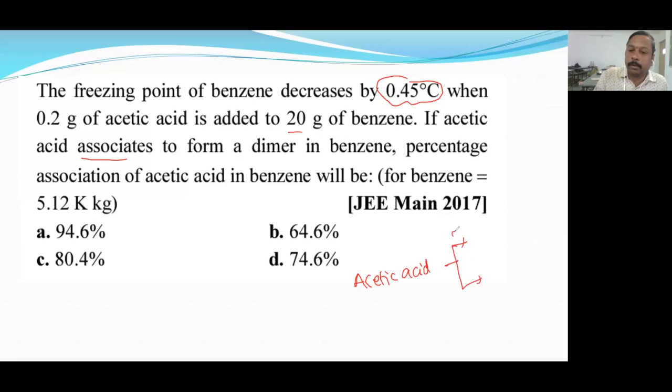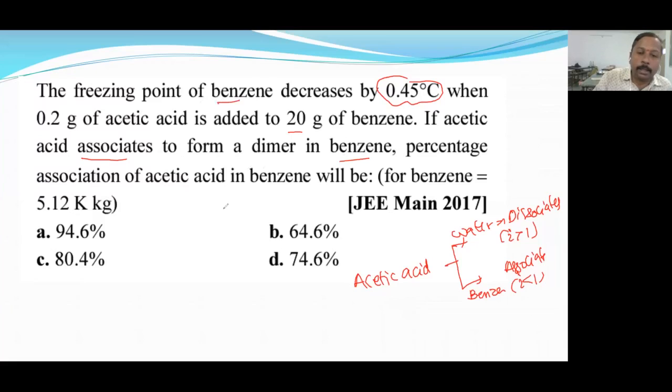When the solvent is water, it will dissociate, and dissociate means i will be greater than 1. When the same acetic acid is dissolved in benzene, it will associate, so that time i will be less than 1. Here it is given as acetic acid in benzene, so it associates to form a dimer.